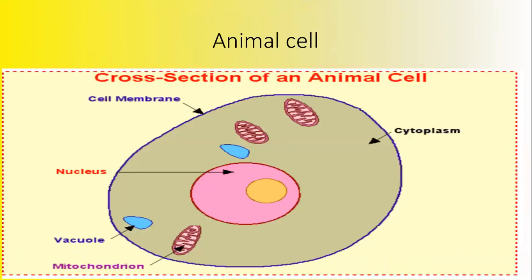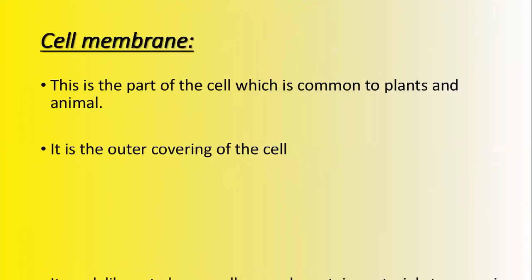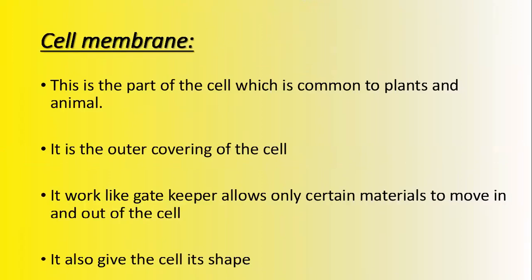This is the structure of an animal cell, in which we explained cell membrane, nucleus, vacuole, mitochondria, and cytoplasm. This part of the cell, which we already explained, is the outer covering of the cell. It also gives the cell its shape.